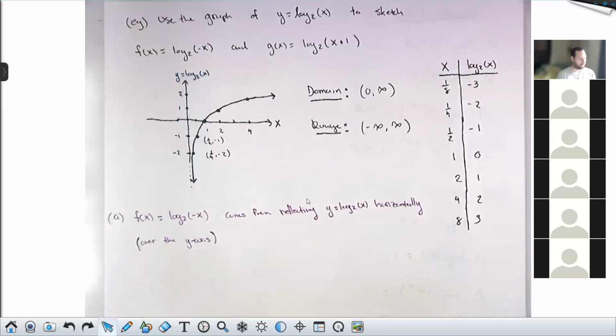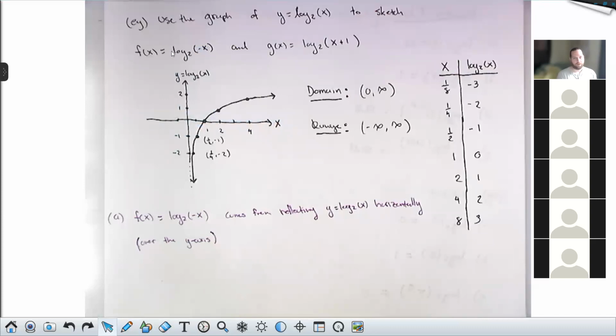Excuse me, I have a question. Yeah. If the negative is on the outside, does that mean it reflects over the origin? Not quite. A negative on the outside would mean a reflection over the x-axis. Okay. So yeah, multiplying by a negative on the inside flips you over horizontally, flips you over the y-axis, i.e. kind of flips your domain around.